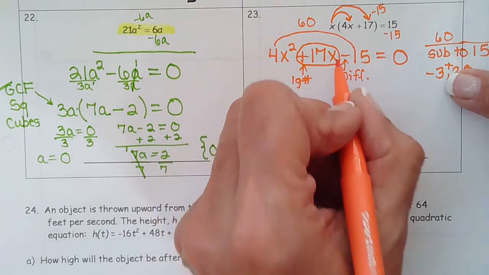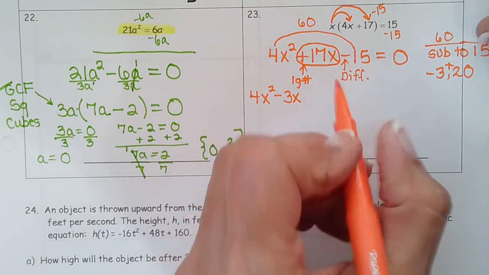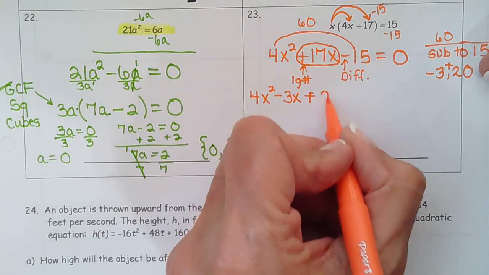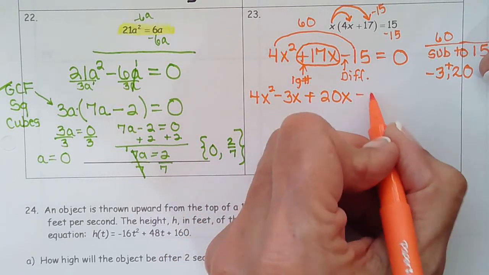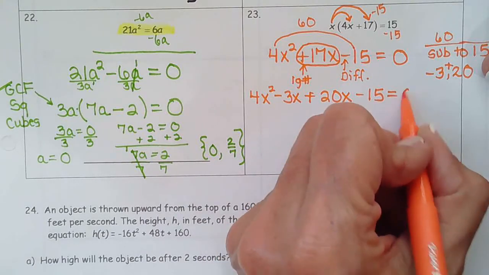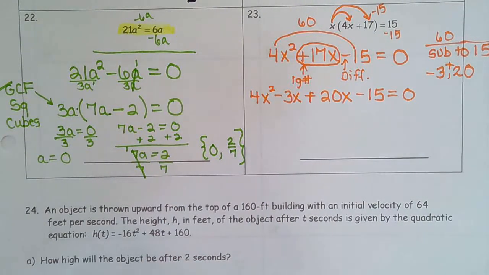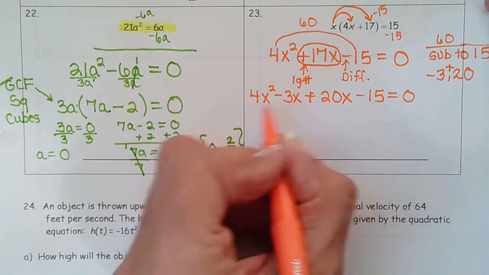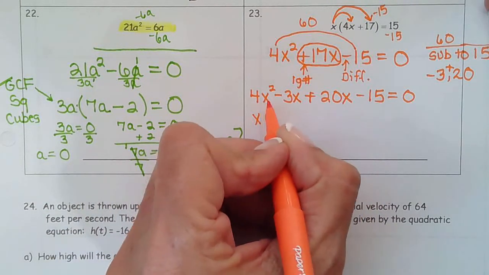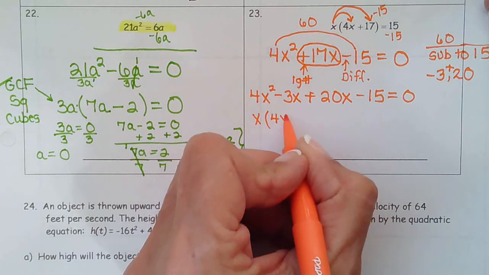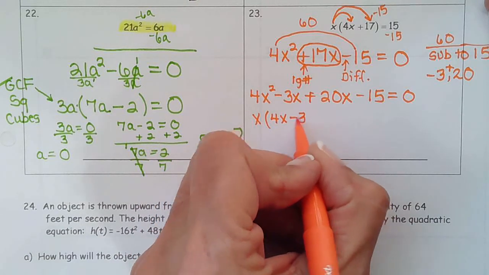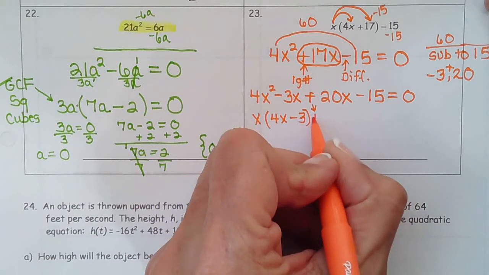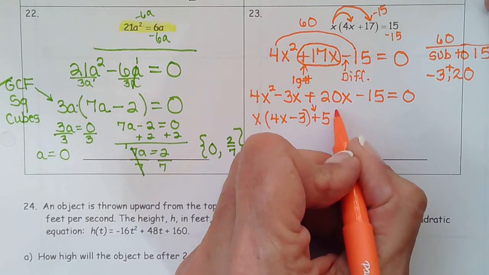So minus 3x, remember list your negative first, plus 20x minus 15. And if you didn't list your negative first, that's okay. You'll still get the right answer, but it just prevents you from having a negative GCF. So x is common here. So we take an x out of there and we have 4x. Take an x out of there, we have 3. Bring down this sign. Next GCF is 5.